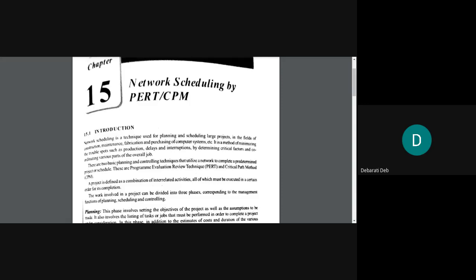This is a technique that is used for planning those big projects and also scheduling all the resources: what resources will be used in which places, at what time, by whom, by what process. Everything is decided in the scheduling technique of network.